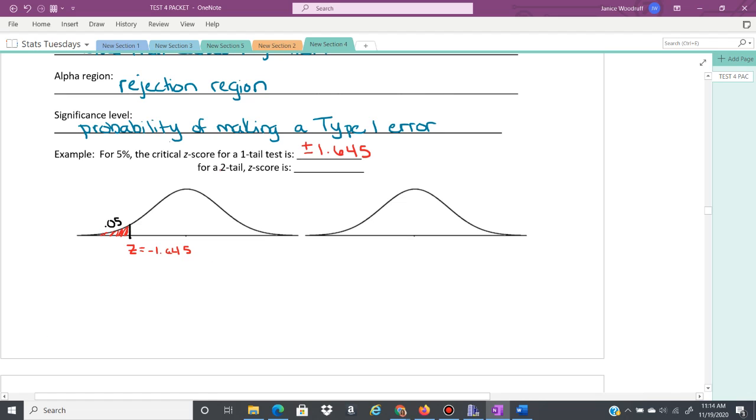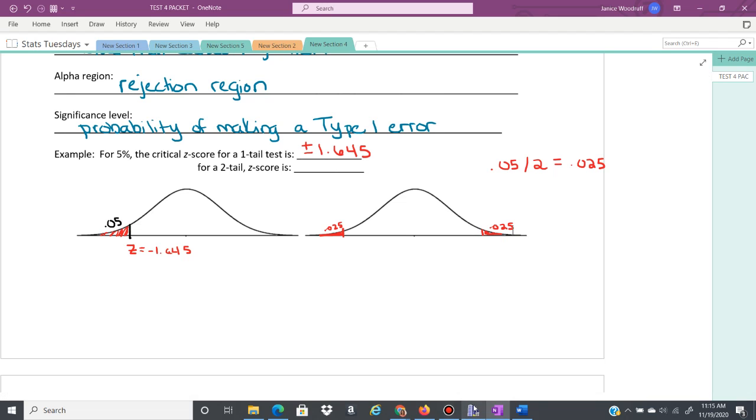Now, if it were a two-tailed test, what I would need to do is take that 0.05 and divide it by 2, which would give me 0.025. And I would put that on either side of my normal curve. So I'd have 0.025 on the left and 0.025 on the right. In which case, then I would get that corresponding z value.